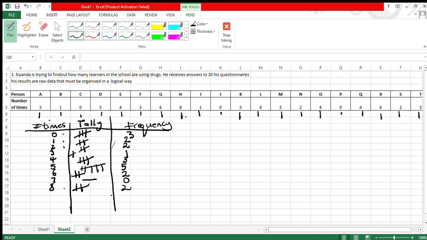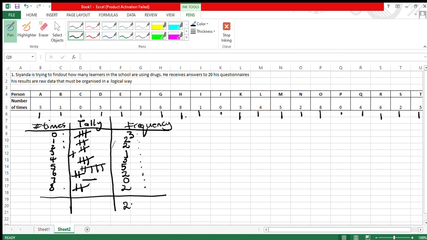Okay, now at this point, let's calculate the total for the frequency. So we're going to say 3 plus 2 plus 2, which is 7, plus 1 is 8, plus 3 is 11, plus 5 is 16, plus 2 is 18, plus 0 is 18, plus 2 is 20.